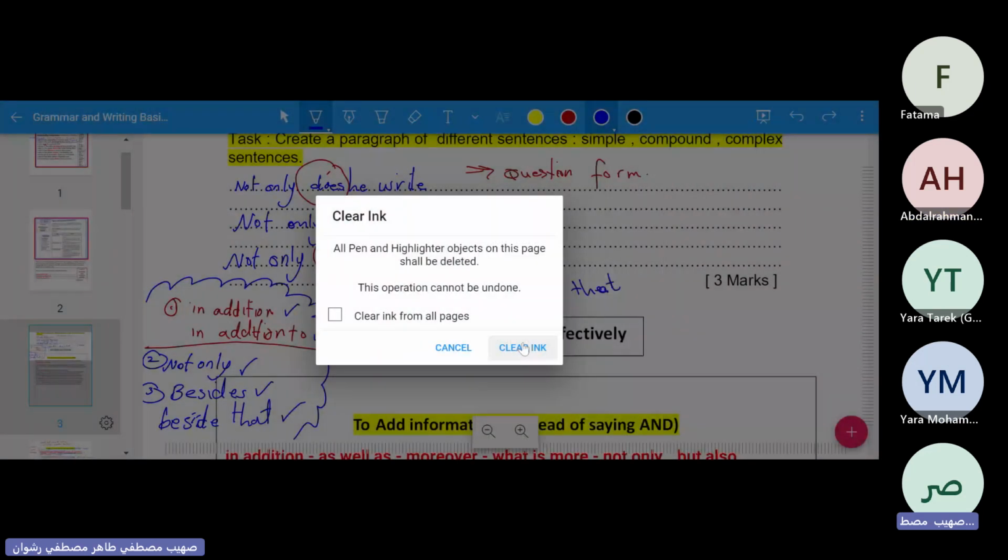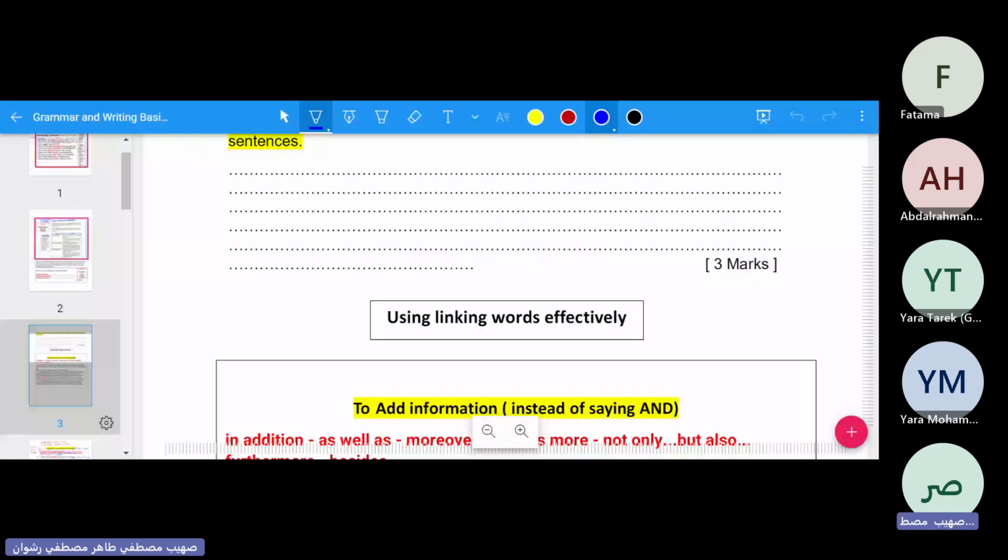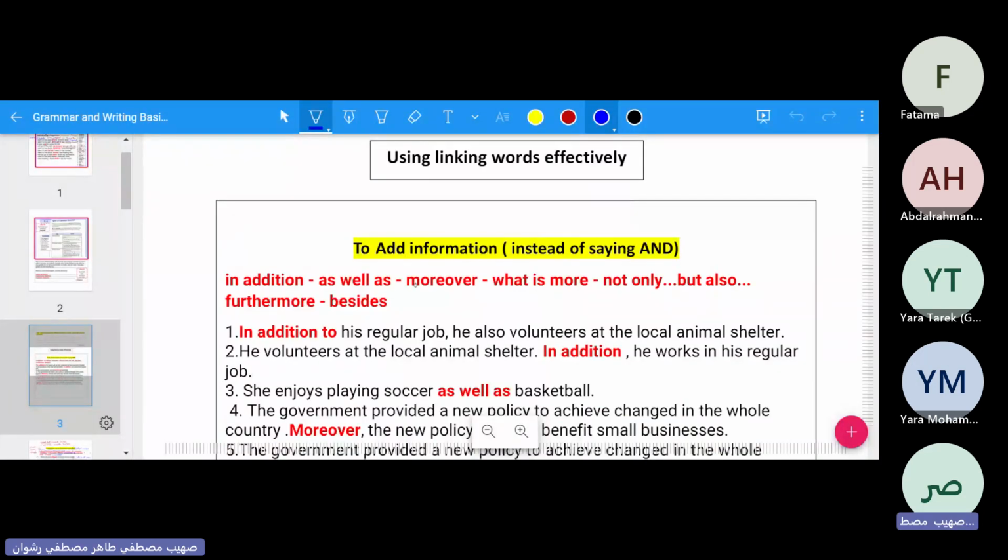Look, guys. In addition, as well as, on its own. In addition, okay?